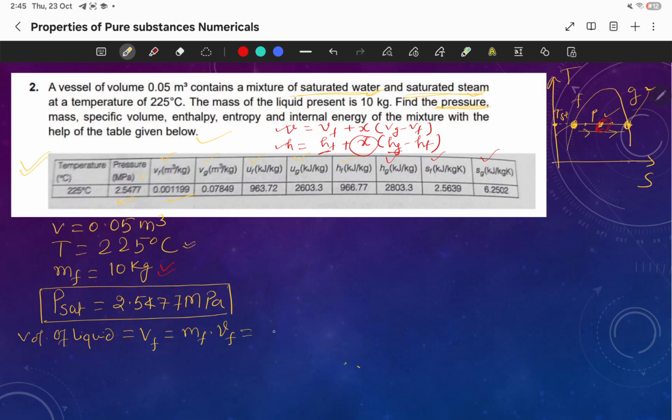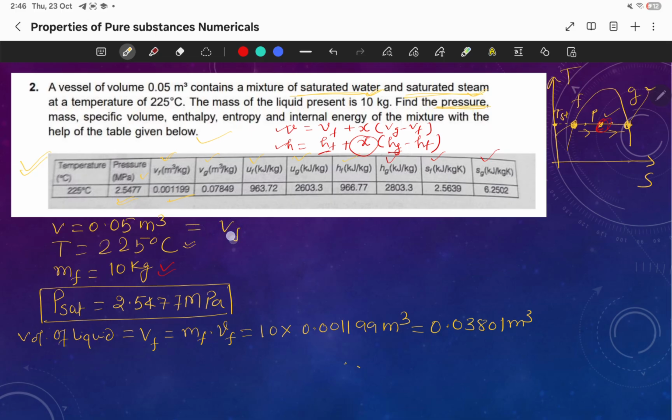So just do the calculation: 10 into Vf, which is 0.001199 meter cube. This is what we will get: 0.01199 meter cube.